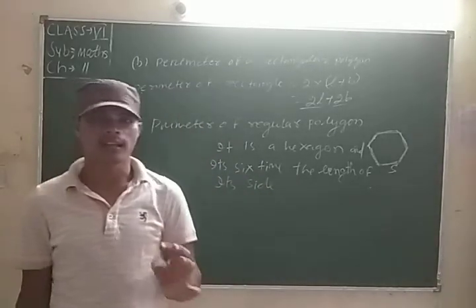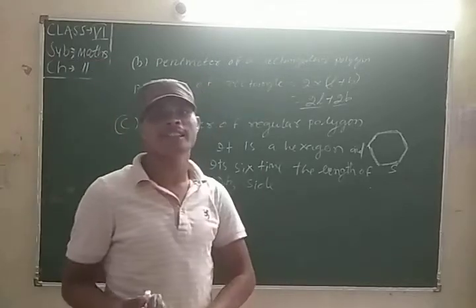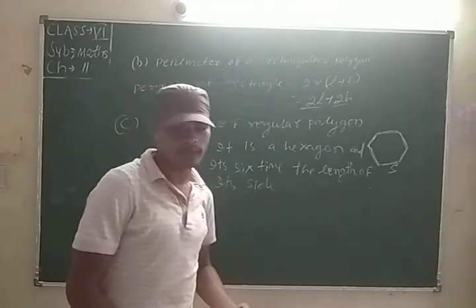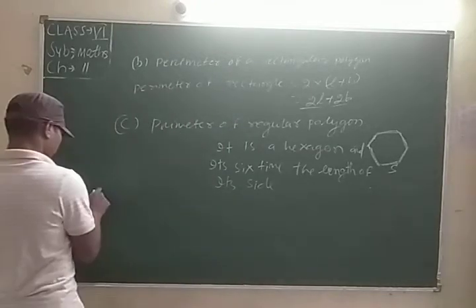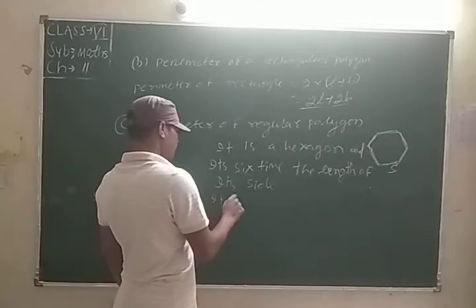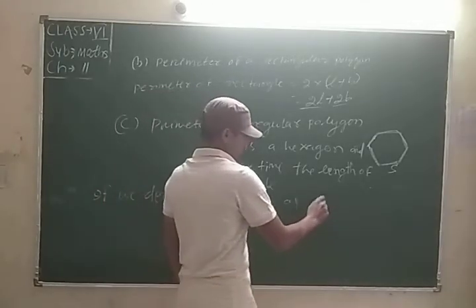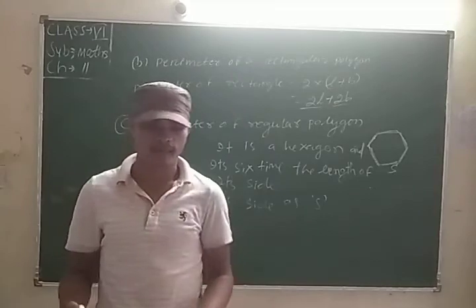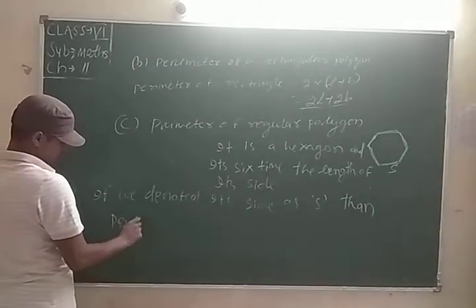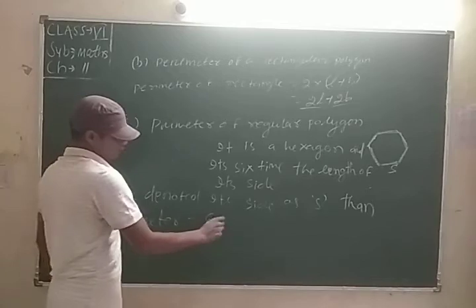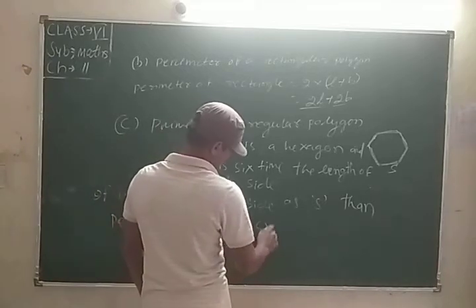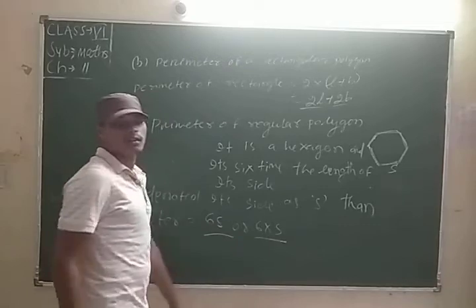If we denote its side as S, then the perimeter equals 6S, or 6 into S. If you write 6S or 6 into S, both are the same thing.